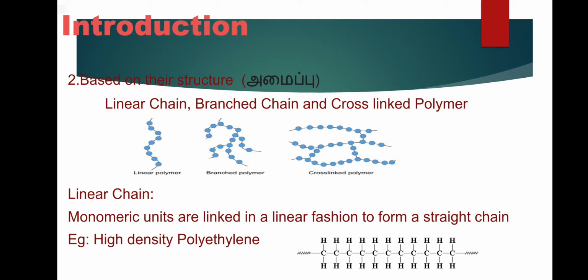So based on the structure: linear chain, branched chain, and cross linked. Linear chain means it is a straight chain. We don't have any other branch, it will be a long chain. That is what is known as a linear chain molecule.